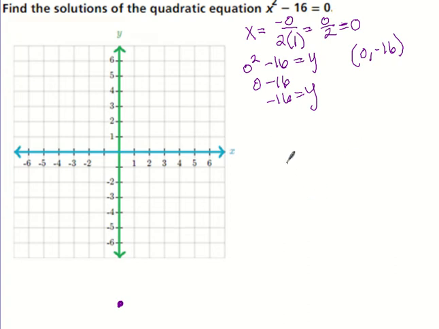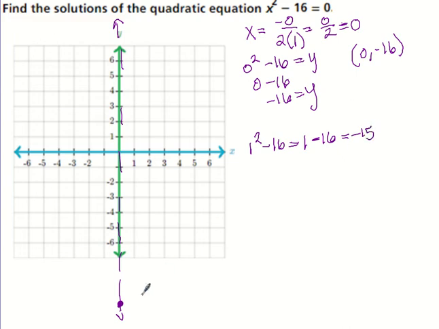So to graph this, we are going to find other points. Remember, this is also where our axis of symmetry is. So if I find a point on the left-hand side, it is the exact same distance on the right-hand side, right? So let's just try, we'll plug in 1. 1 squared minus 16 would get me 1 minus 16, which is negative 15.